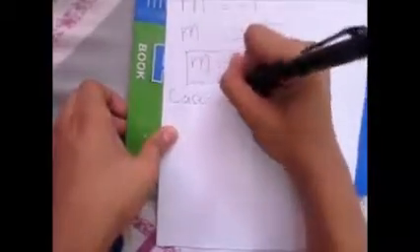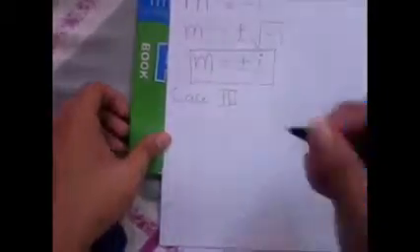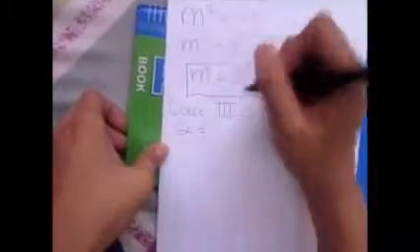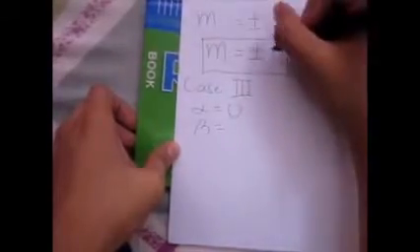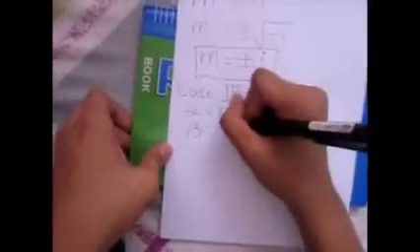Since our m is a complex root, then we will use case 3. Our alpha will be equal to 0, and the beta is equal to 1.